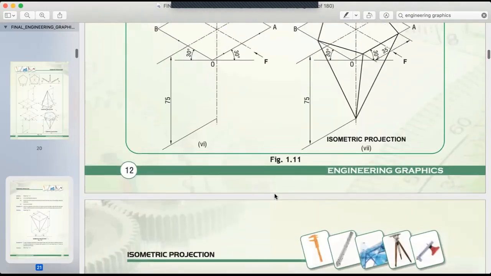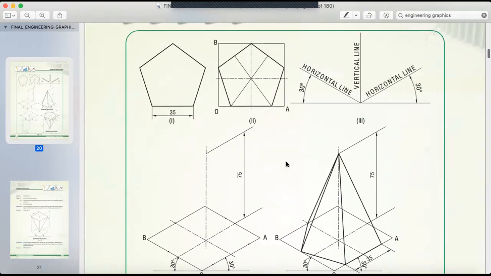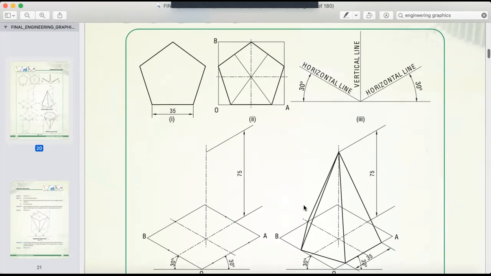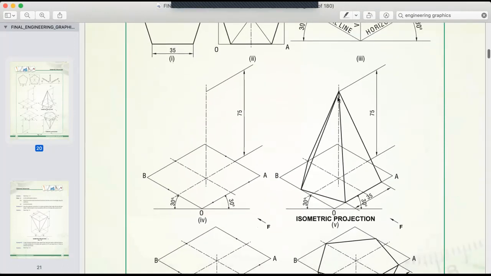Then this is a pyramid. So what is the difference between prism and pyramid? In a prism we have two surfaces, like suppose a pentagonal prism, then we have two pentagons, one base and one top surface, and it is joined by 5 rectangular surfaces. In a pyramid we have only one base and one apex, and it is joined by 5 triangular surfaces, right?